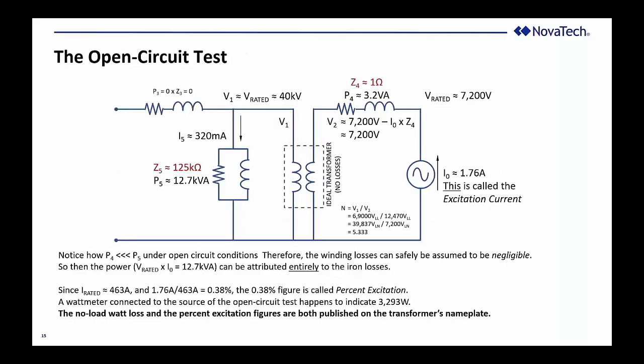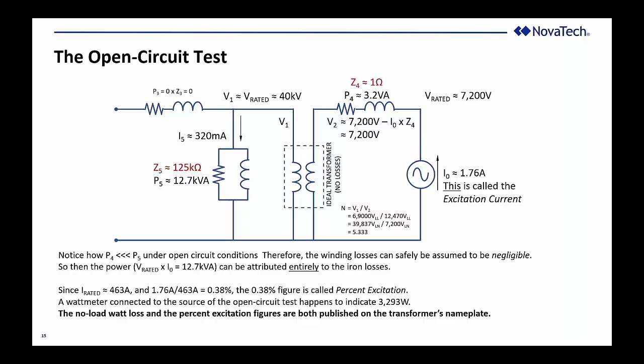So here's my equivalent diagram again. This is a real transformer. What I've done is I've removed the source and I've removed the load, so all we're looking at is the 4 terminals of the transformer. And I've put a source on the low voltage side. Now, the source can inject 7,200 volts.